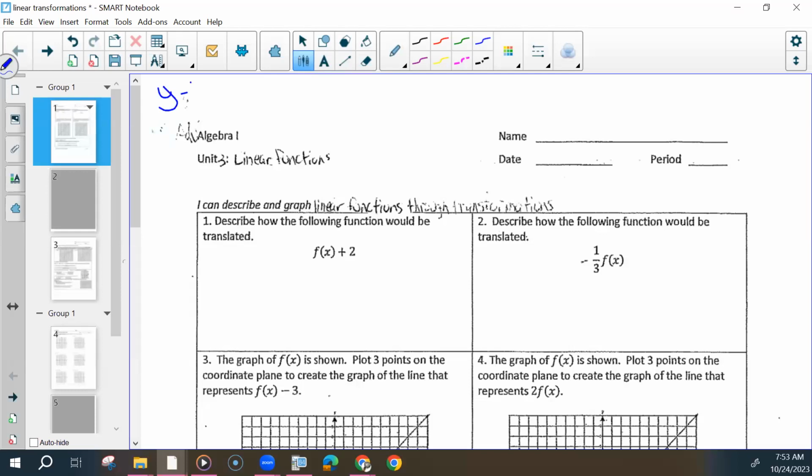So for the y-intercept, the transformation that applies to it is the word shifted. The y-intercept can be shifted up or down.